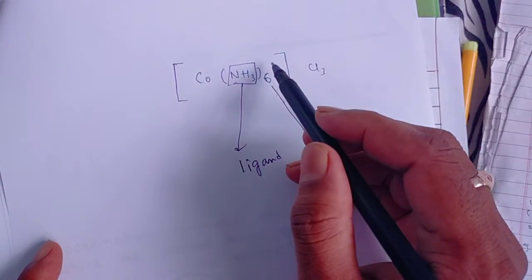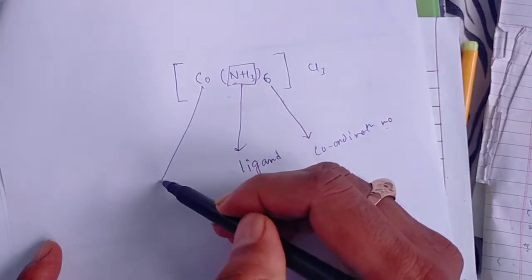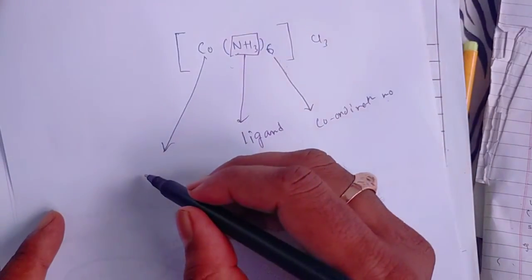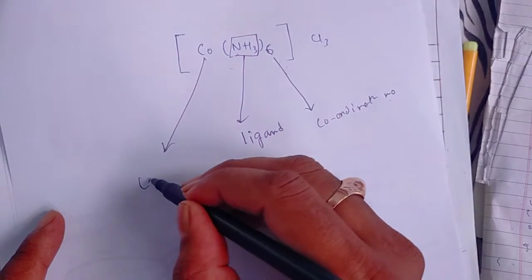Then this Co is called the central metal atom or ion.